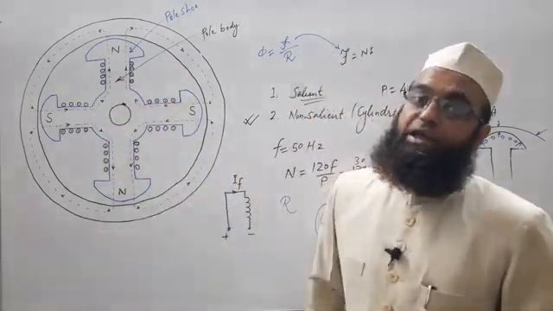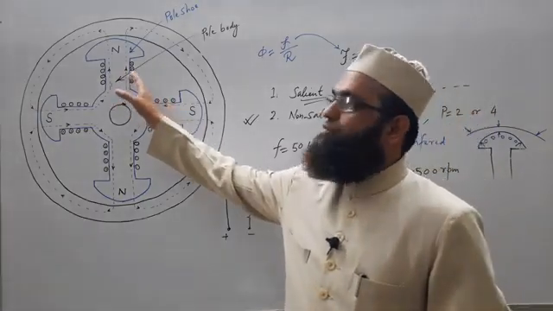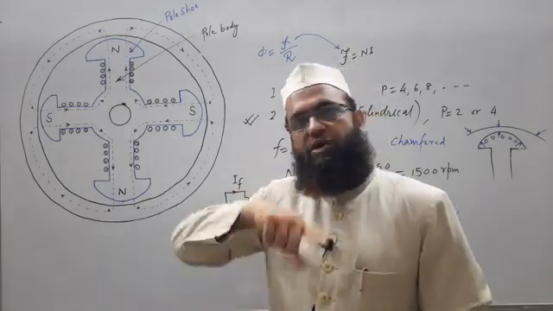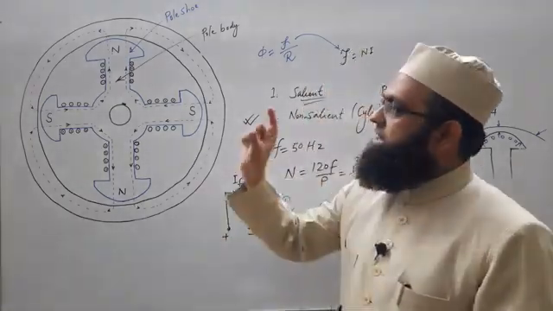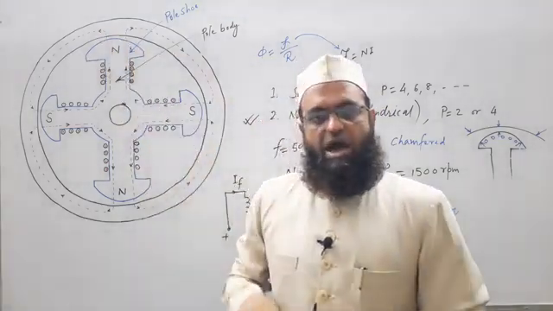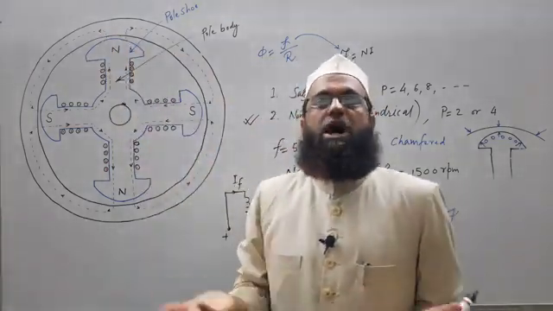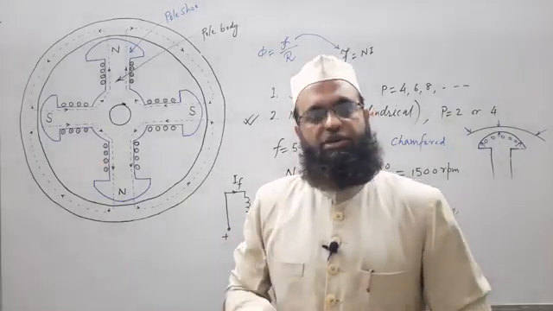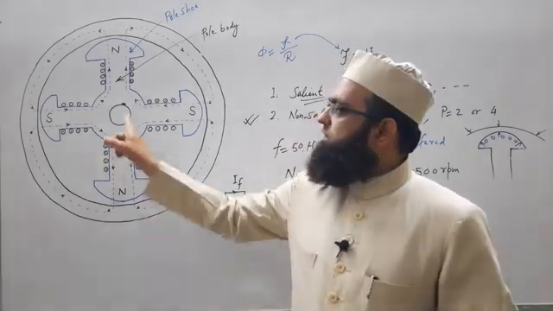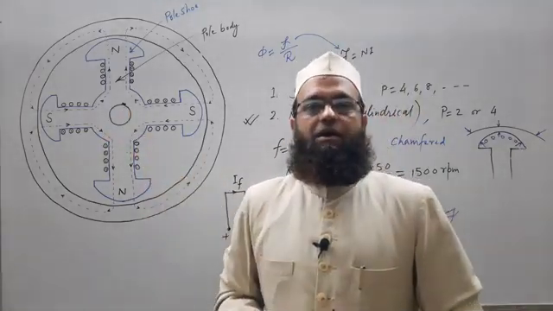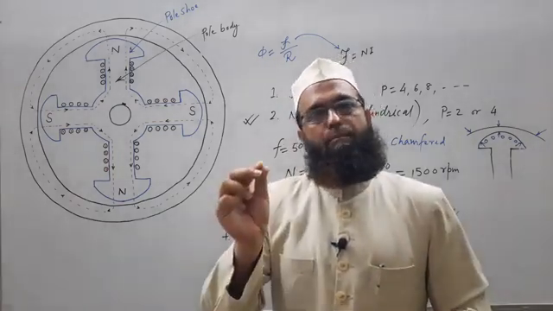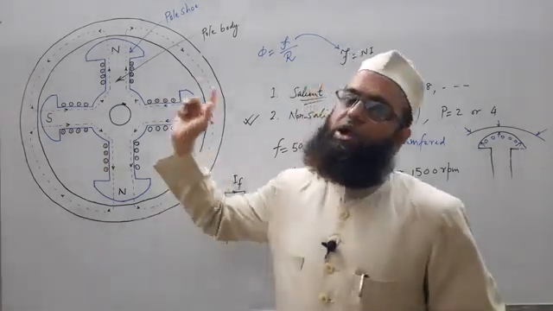Once it attains a speed corresponding to synchronous speed, it means it has reached synchronous speed at which the relative speed between these conductors, the damper bars, and the rotating field will be 0, as both are rotating at synchronous speed. See, the rotating magnetic field is rotating at synchronous speed, and once the rotor has attained synchronous speed, there will be no relative speed between the damper bars and the rotating field.